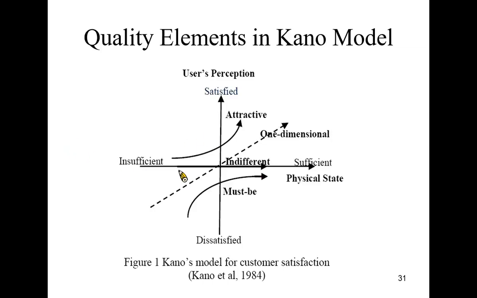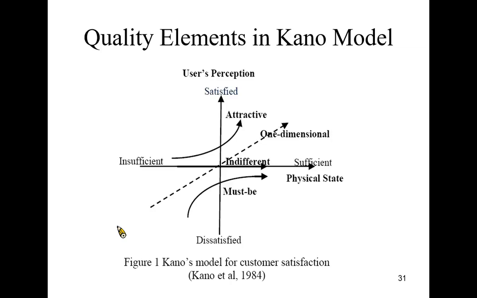Attractive: even if we don't have such functions, the customer doesn't feel anything at this point, but if we have just a little, they are very, very happy. That's the attractive element.